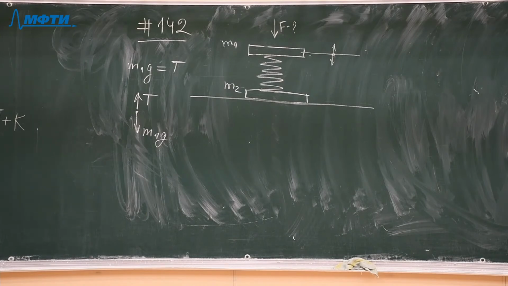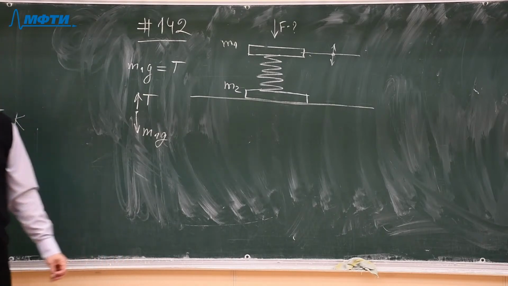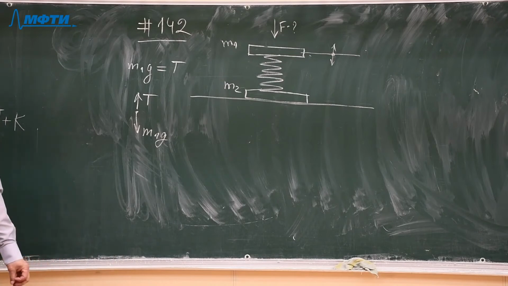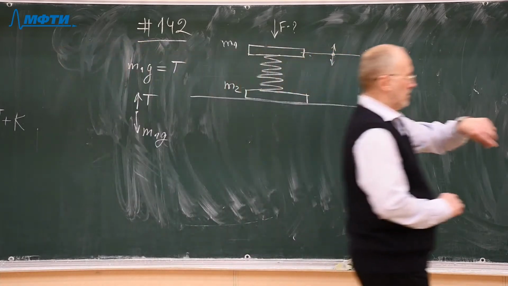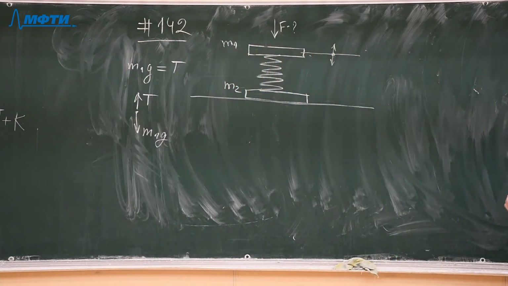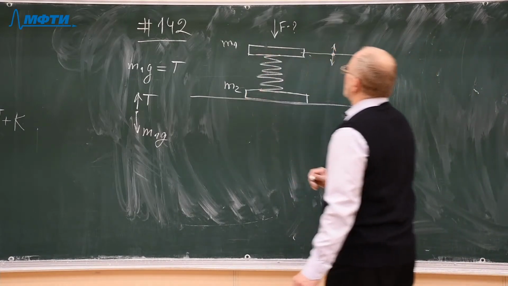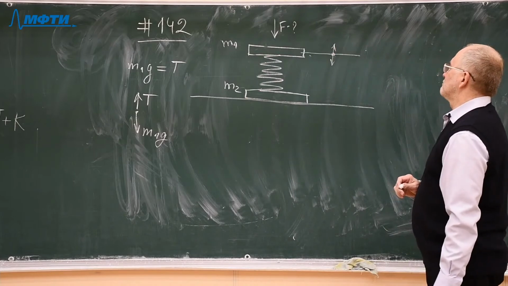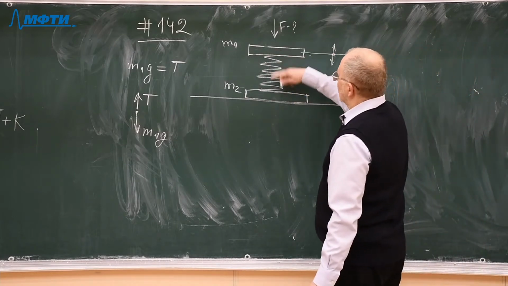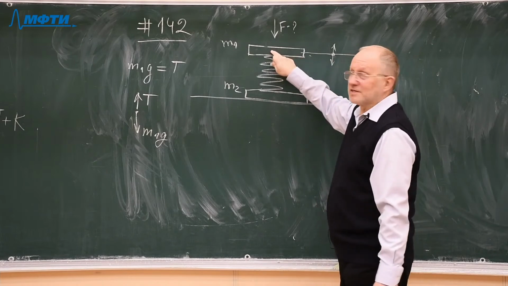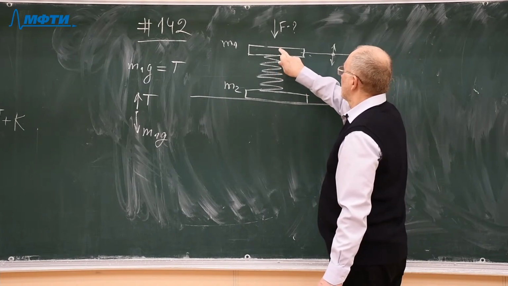A good problem, which can be solved in different ways. It can be solved using energy considerations, but it can also be solved using just simple force considerations. First of all, let's pay attention to one simple fact, that the spring originally was compressed by the weight of the first plate.